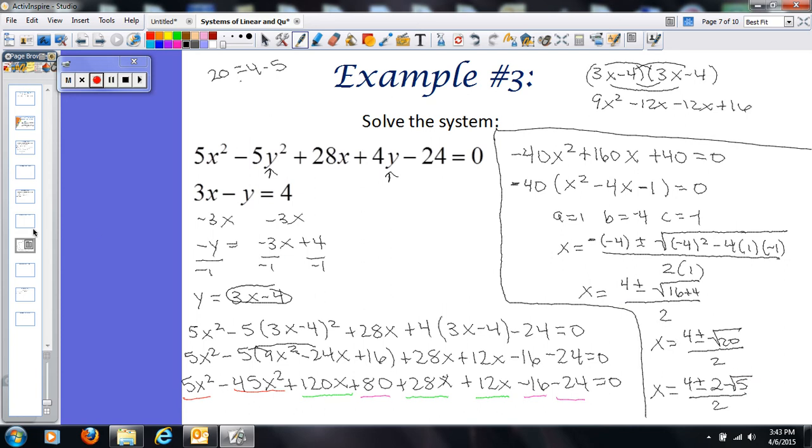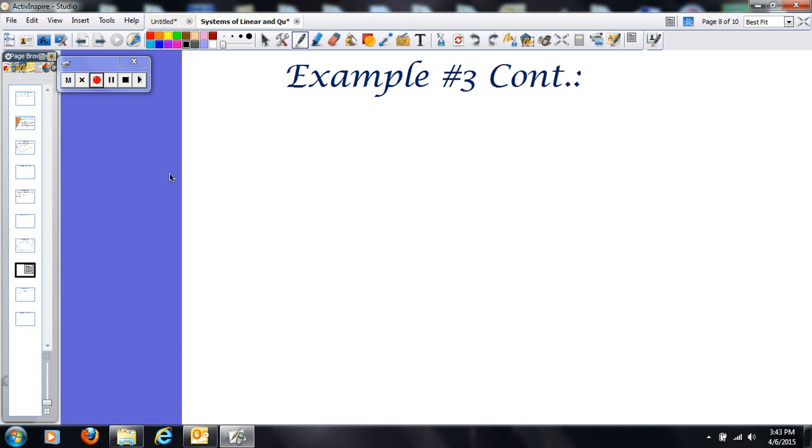I'm going to go ahead and go to the extra page that I have here. So I had x equals 4 plus or minus 2 square root of 5 over 2. These are going to cancel out. These become 1s, and this is a 2. So that means x equals 2 plus or minus the square root of 5.